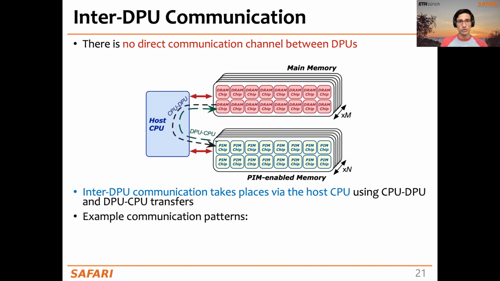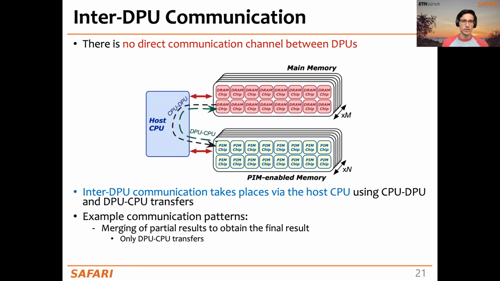These allow us to create different communication patterns depending on the characteristics of our workloads. For example, we can have simpler workloads where we just need to merge partial results in the host processor to obtain the final result. In this case, we only need to use DPU-CPU transfers for this inter-DPU communication.